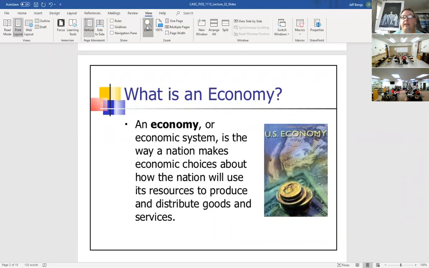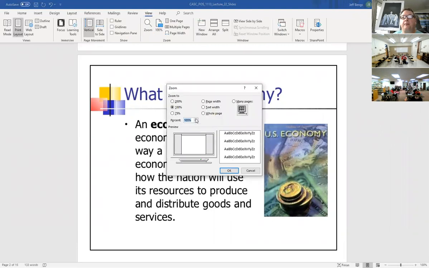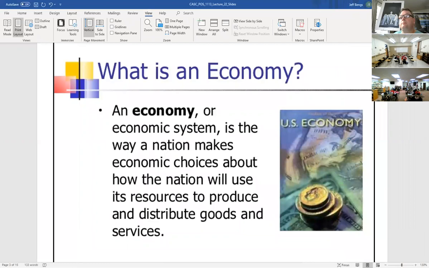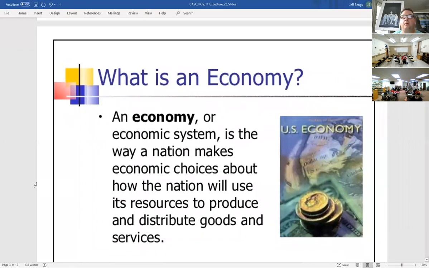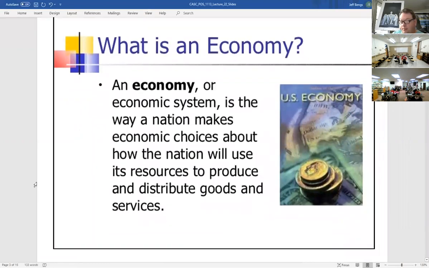So an economy is simply a system that has the components of production of goods, production of services, as well as the consumption of those goods and services.